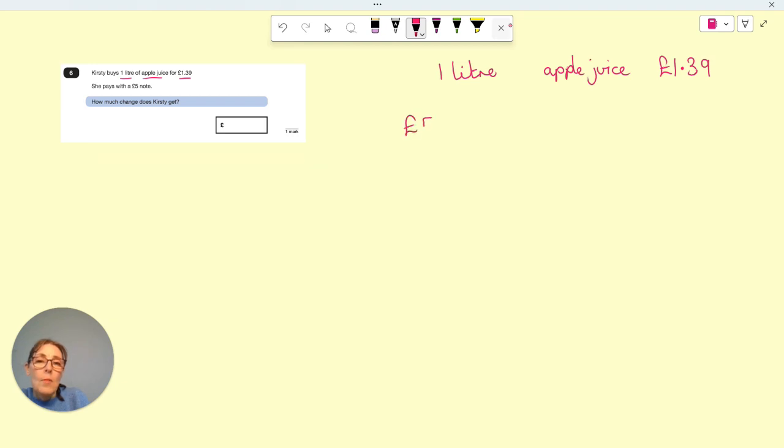All right, so a £5 note, if we're writing it in pounds and pence, is 5.00. And we're looking at the difference between £1.39 and £5. So I'm going to take away £1.39. So we have 0 take away 9 and 0 take away 3. So what we've got to do is move a digit down.